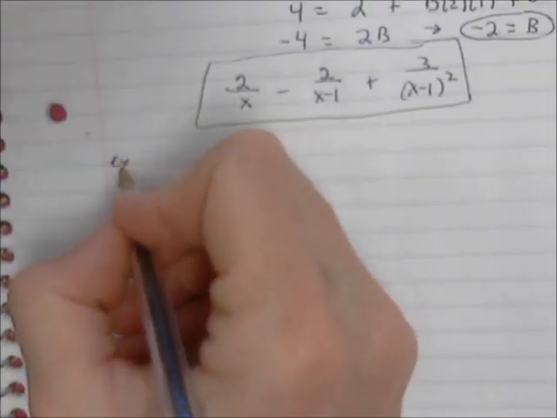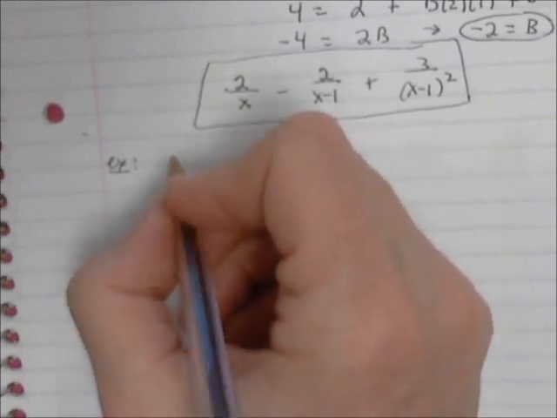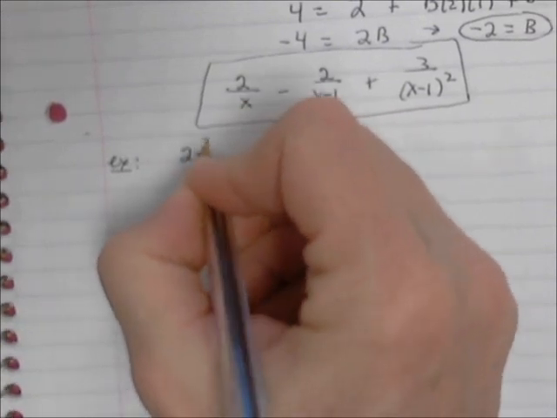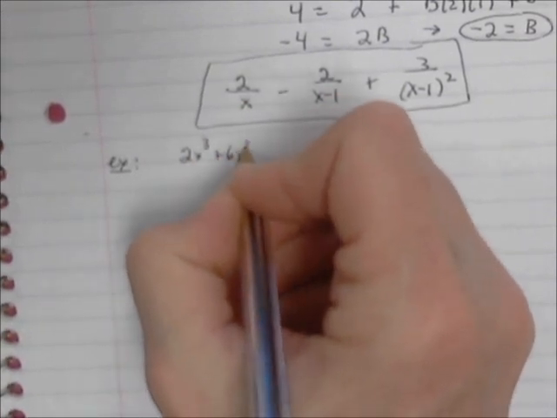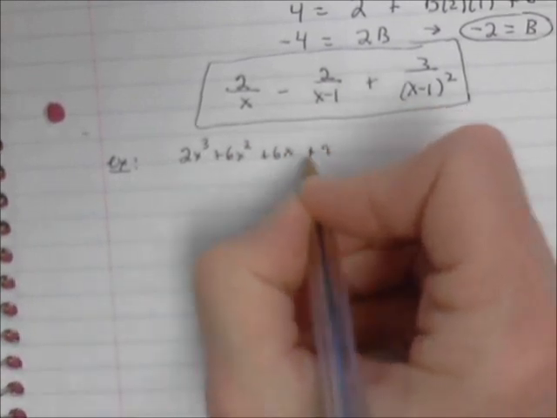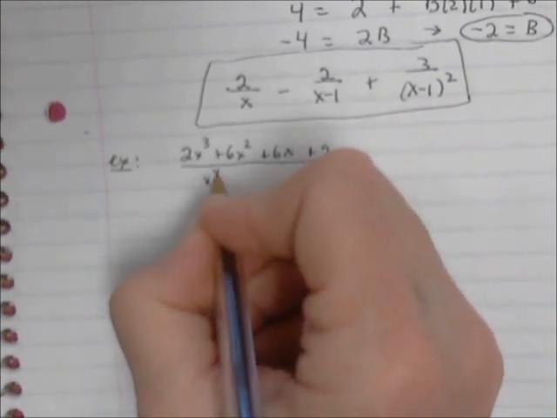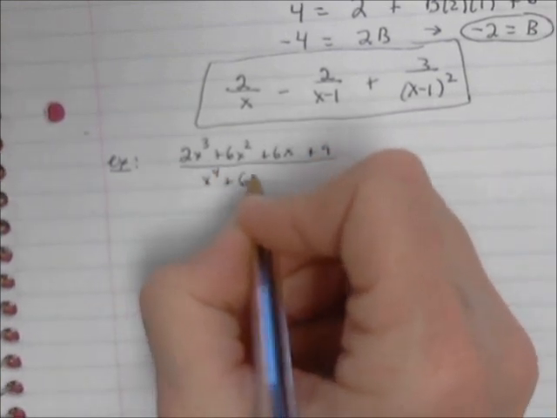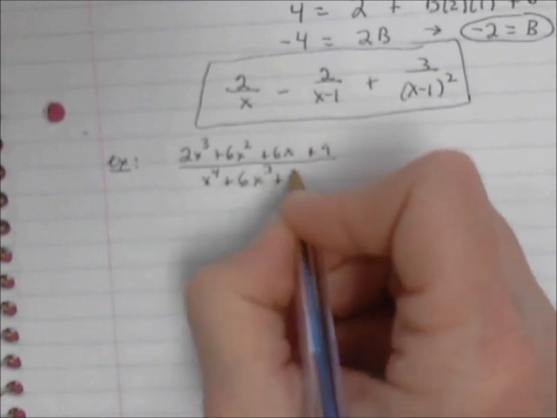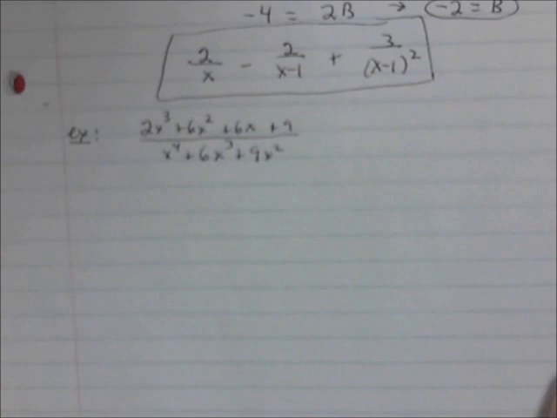Here it goes. 2x to the third plus 6x squared plus 6x plus 9 over x to the fourth plus 6x to the third plus 9x squared. So there's your given problem.